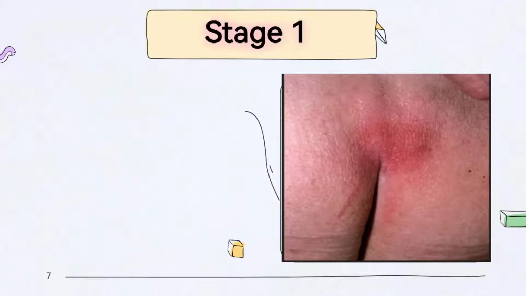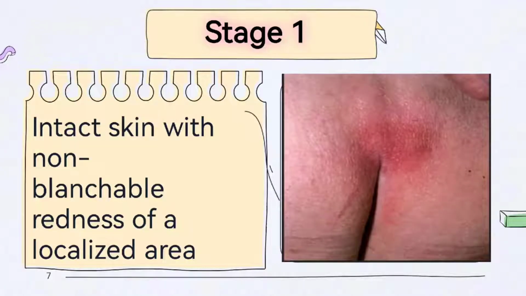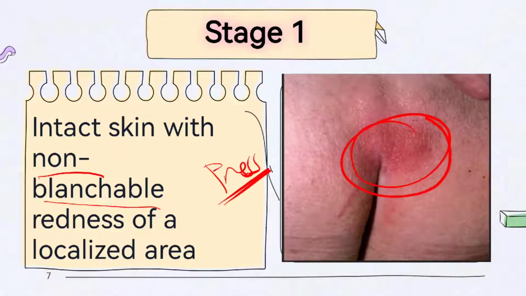First, we have what we call the stage 1 pressure ulcer. Again, this is non-blanchable. How are we going to test for non-blanchable? We are going to press the area. If you press this area and it does not turn white, that is a positive non-blanchable test of redness.